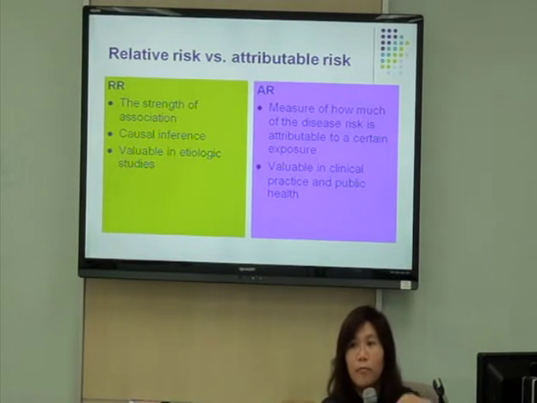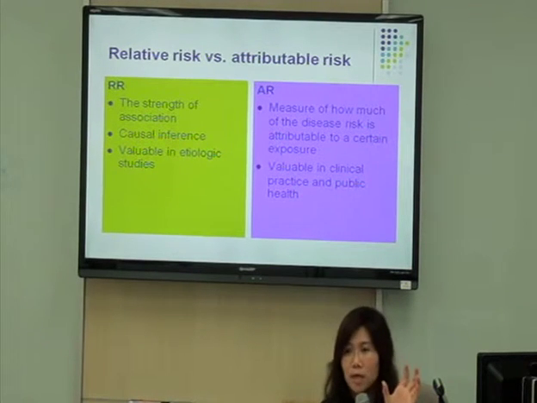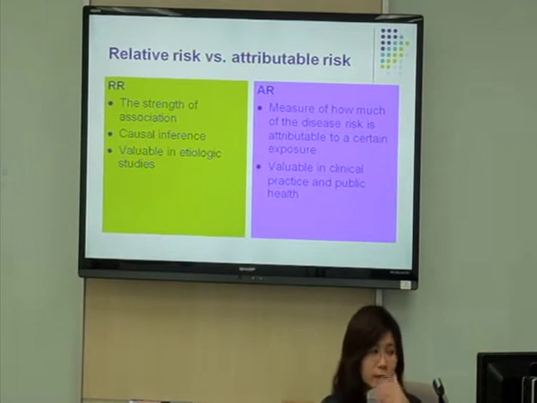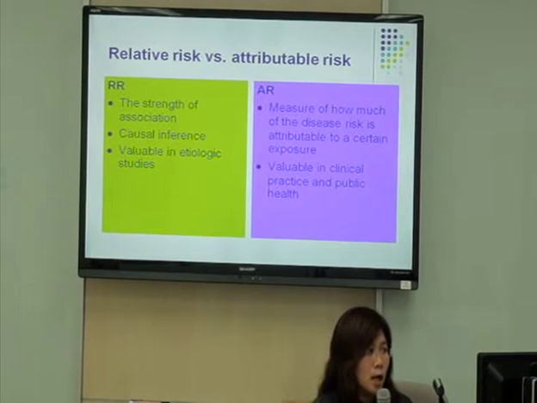But if you have more than that, it's better. But remember that every time you see the point estimate, you have to look at the 95% confidence interval. We use relative risk for causal inference, and it is valuable in etiologic studies.